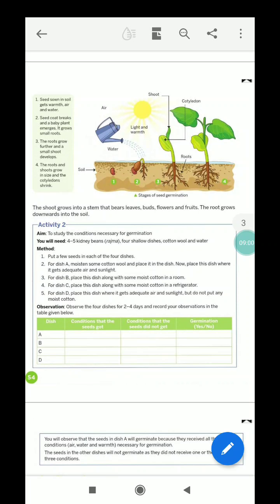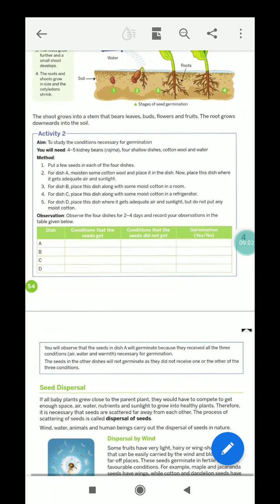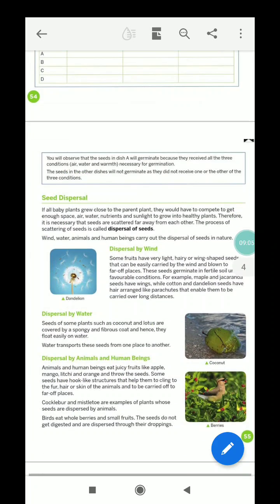So activity number 2 you also have to do. Then we have read about seed dispersal. If all the seeds grow near the parent plant, they will not get enough space, air, water, nourishment or sunlight for their growth.